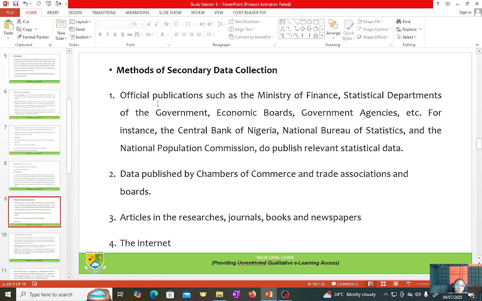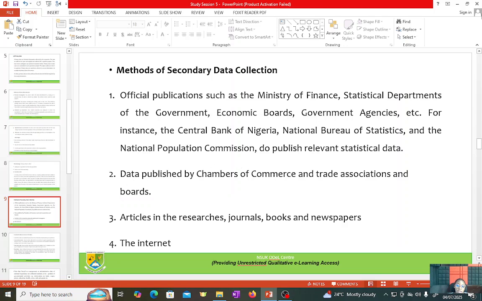For example, the official publications from the Ministry of Finance, Ministry of Health, Statistical Departments of Governments, Economic Board, government agencies, etc. The Central Bank of Nigeria, National Bureau of Statistics, and the National Population Commission. All of these do publish relevant statistical data.